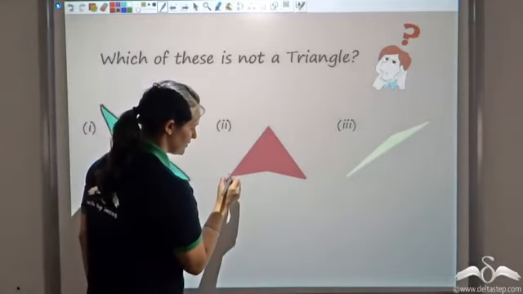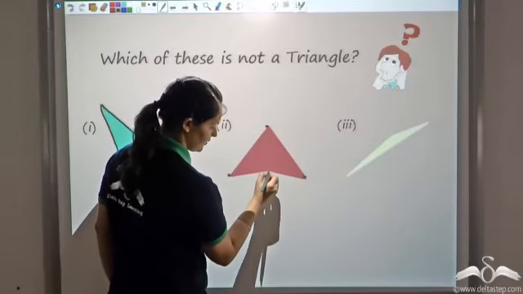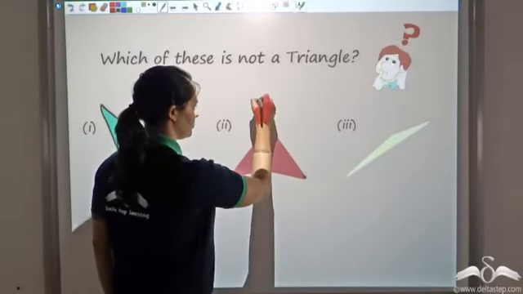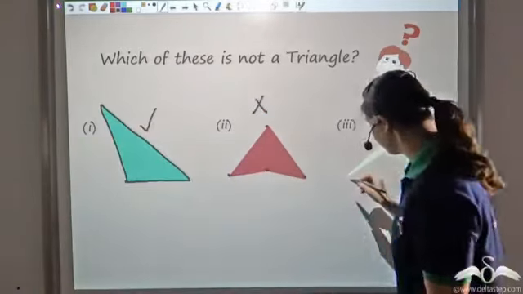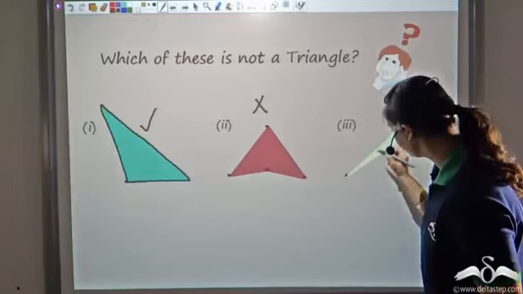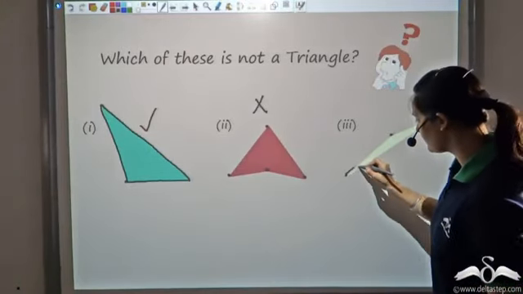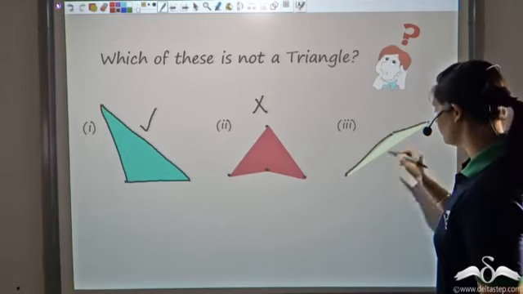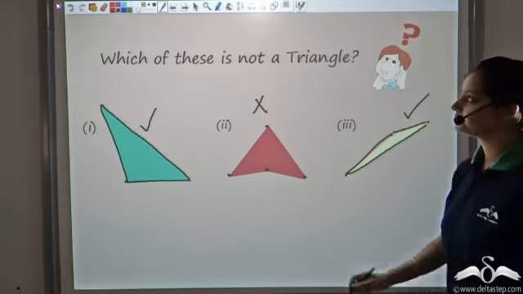What about this? 1, 2, 3. Oh, there's a 4th one here. So not a triangle. We needed 3 vertices. What about this? 3 vertices, sides, 2 and 3. 3 sides. So it is a triangle.